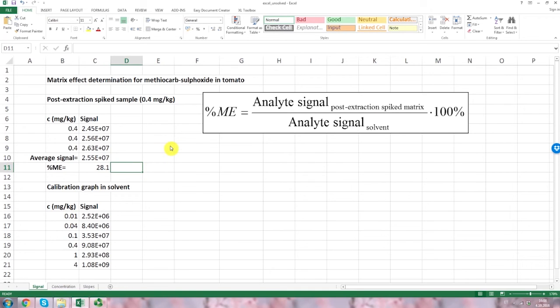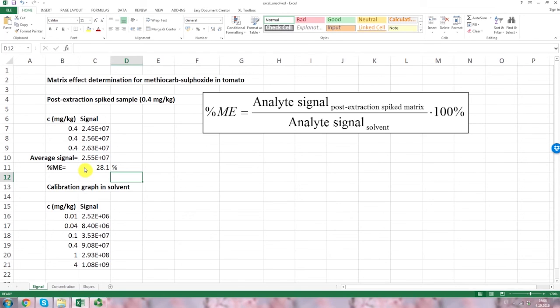So we have in this case obtained the matrix effect of 28.1%, meaning that as 100% denotes no suppression or enhancement, values above 100% denote ionization enhancement, and values below 100% show us ionization suppression.